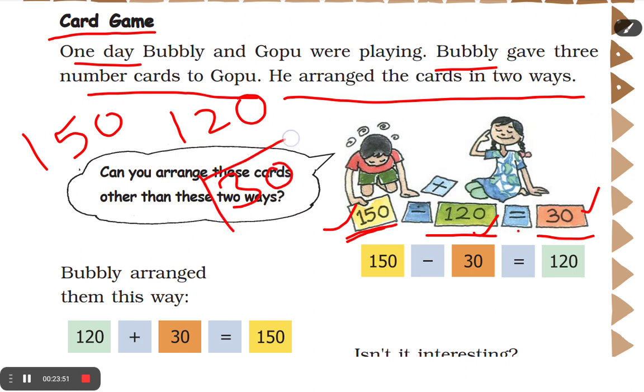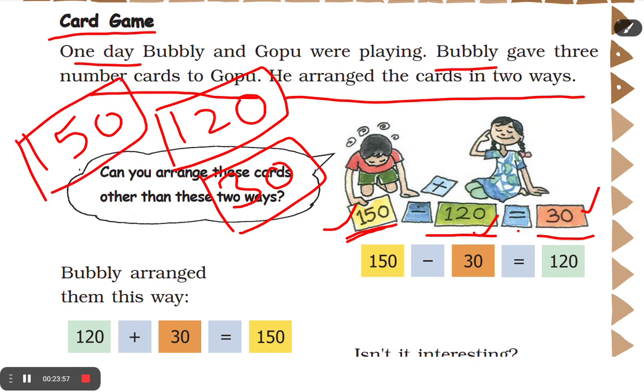These three different cards we have. Using the plus sign, how will you arrange these cards? That is the way Bubbly arranged them. What is that? 120, the first card here. He wrote plus there, and 30.